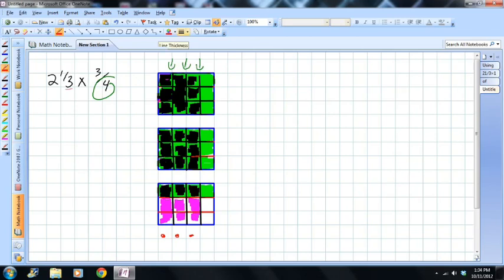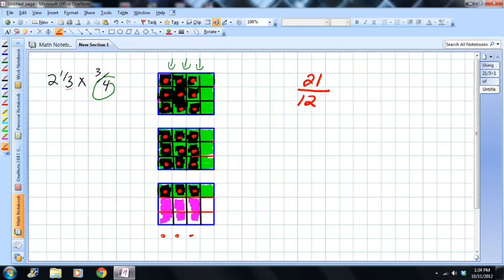We have 1, 2, 3, 4, 5, 6, 7, 8, 9, 10, 11, 12, 13, 14, 15, 16, 17, 18, 19, 20, 21. So we have a total of 21 overlapping sections where one rectangle has 12 parts.